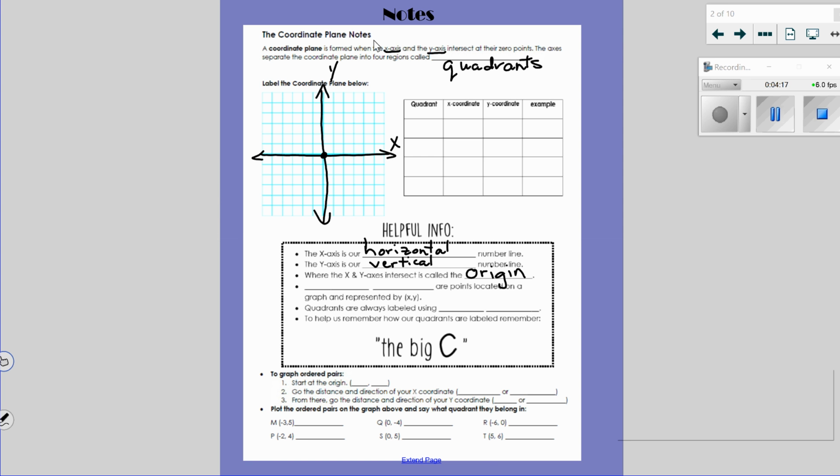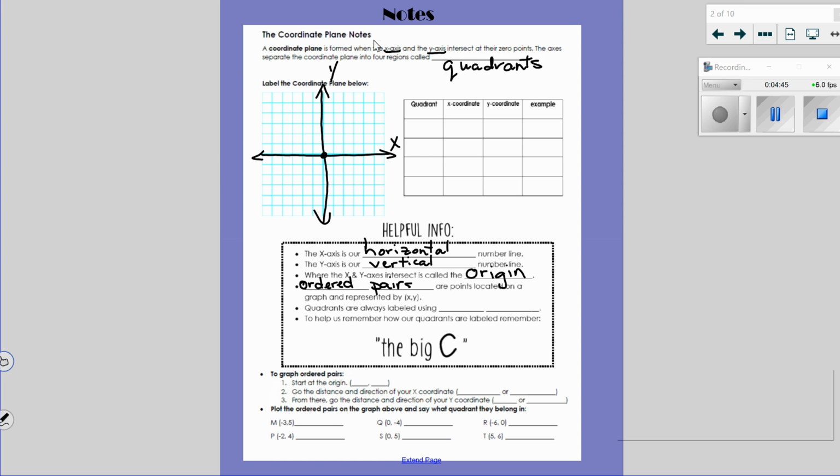Now, who knows what I use to locate a point's position on a coordinate plane? What do we call that? Graphing? I use it to graph. They are called ordered pairs. Ordered pairs are used to locate points on the graph.